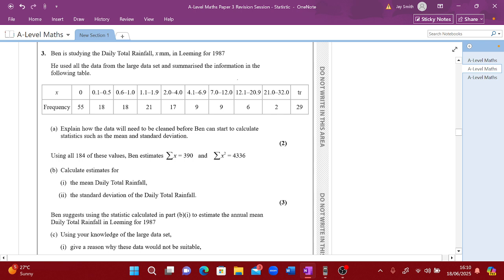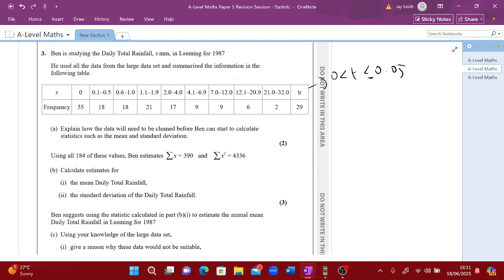So that's cleaning. But trace is actually a number between 0 and 0.05, so it's a very, very small number, but it's still non-zero. So essentially we need to convert trace to a number. So that's how we would clean.